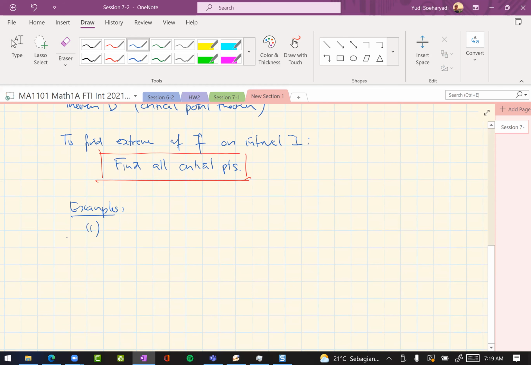So that's why this is singular. And x equal -5 and 5, those are the endpoints. So those are the only critical points. No stationary.